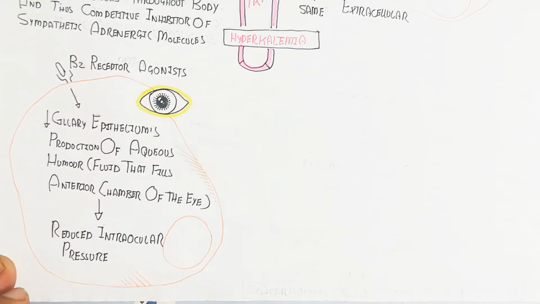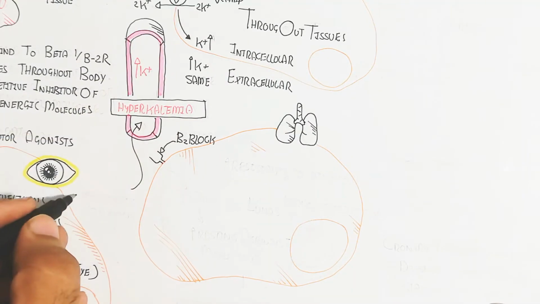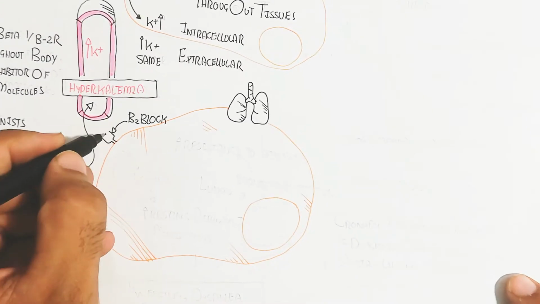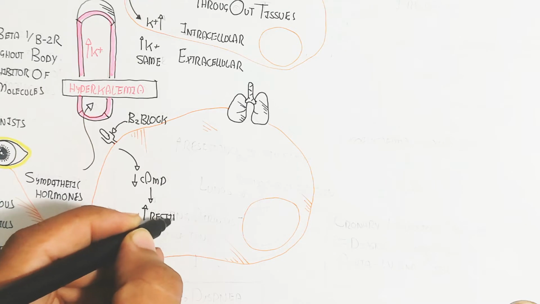But in the case of a beta 2 blocker, the beta 2 blocker will trigger a decrease of the cyclic AMP, because the epinephrine will not bind. So there is a decrease of the cyclic AMP in the lungs.